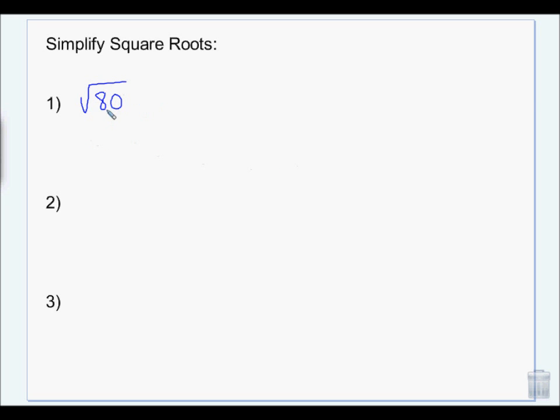I can look at 80, and if I know that 80 is 16 times 5, that's the same thing as the square root of 16 times the square root of 5, which is 4 times the square root of 5. But let's just say hypothetically you don't know that 16 times 5 is 80.